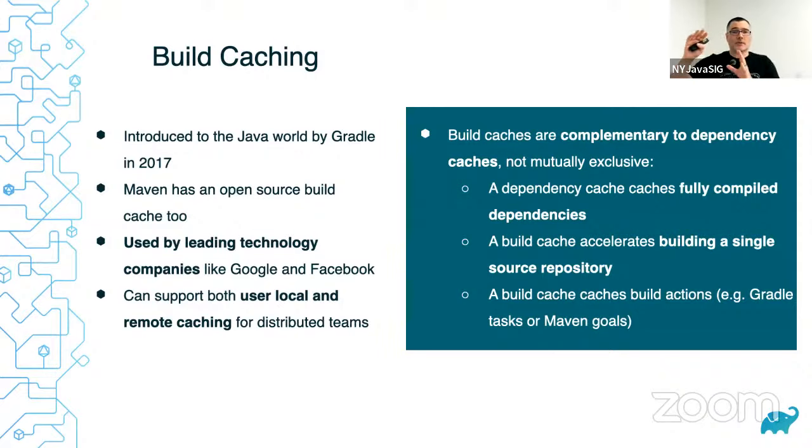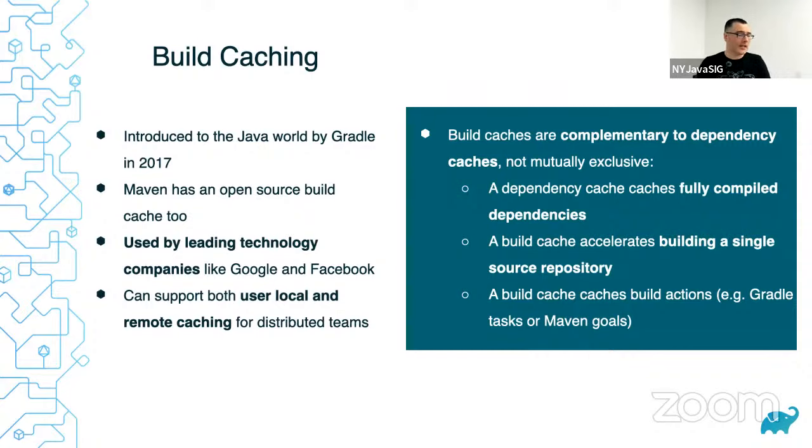A build cache is not the same as a dependency cache. Many of us have an Artifactory or Nexus instance running on our corporate network. You download artifacts, they're cached in your network, and then again on your local machine in your home directory. Maven users, it's your M2 home repository, with a whole bunch of jars in there.